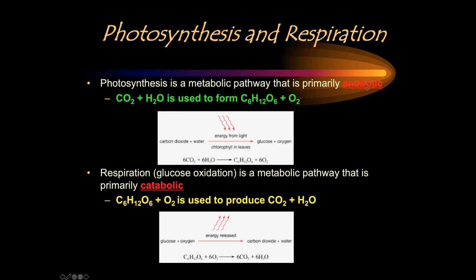Photosynthesis is primarily anabolic in that you start with carbon dioxide and water and energy from the sun that makes glucose and oxygen. The opposite of that is respiration, which is glucose oxidation, and it's catabolic. You take sugar plus oxygen, releases energy, and leaves carbon dioxide and water. So the overall chemistry of photosynthesis and respiration is very simple, but we'll go into the complexities of it when we get to those two topics.